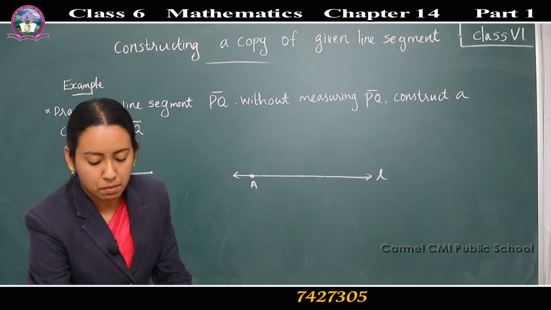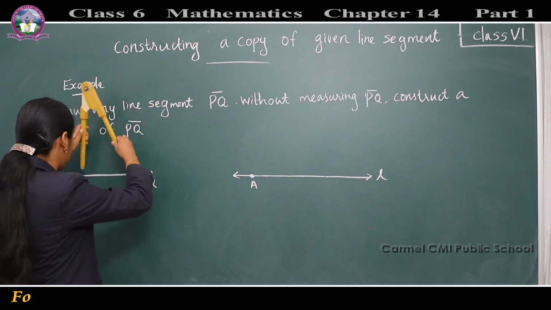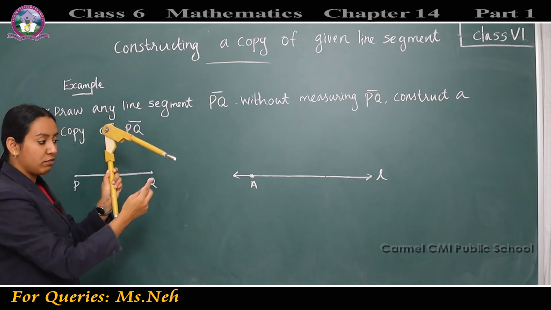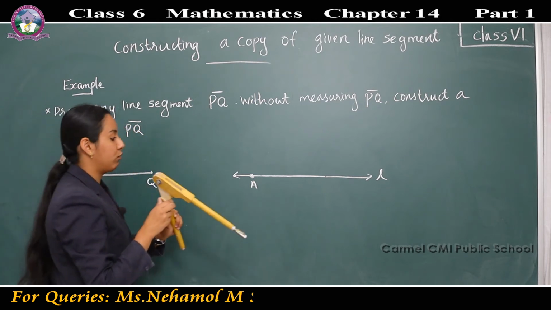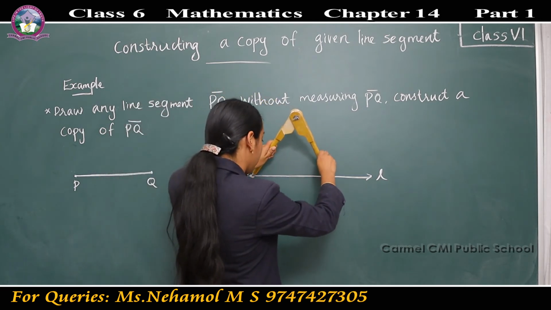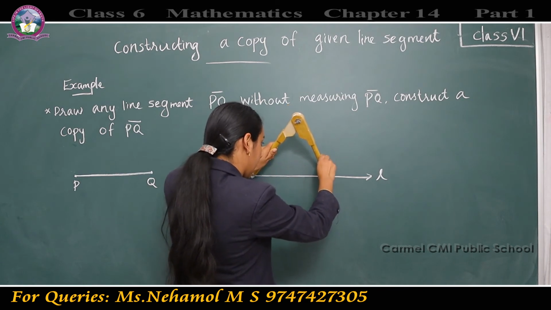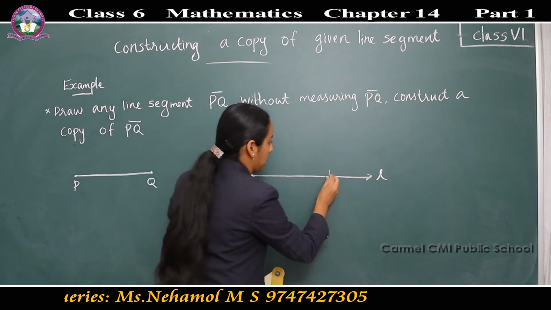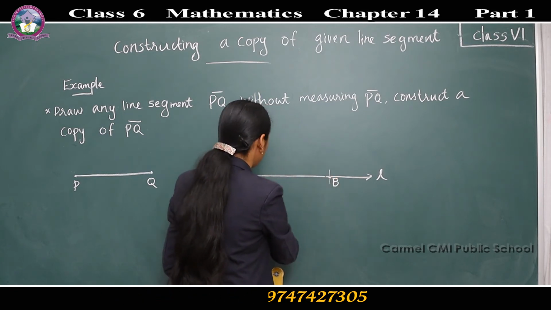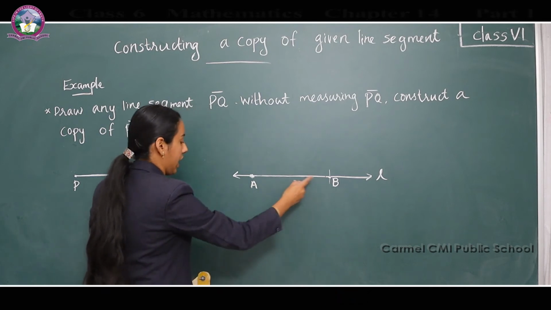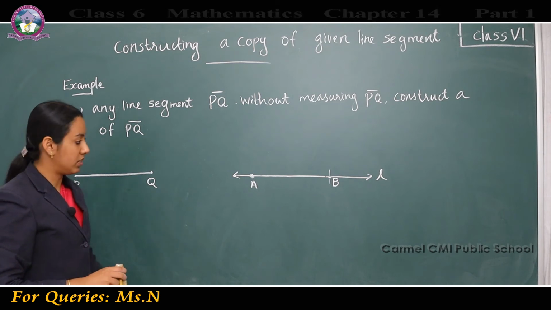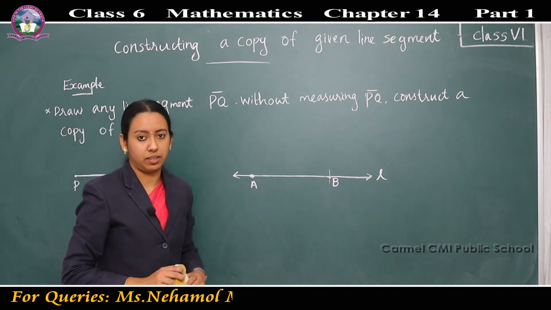Now, by adjusting the compass up to the length of PQ, then without changing the setting of the compass, place the pointer at A and draw an arc cutting the line L at B. Now line segment AB is a copy of line segment PQ. This is the answer, line segment AB.